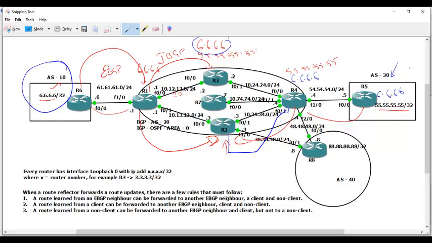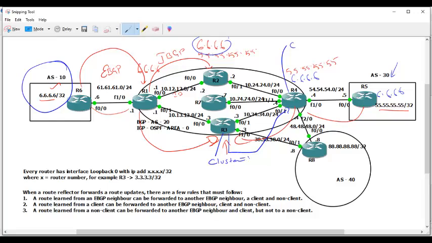All right, what is next? Now, who is a client here? R4. Who is the server? R3. Server, we don't call it a server here, we call it a cluster. The router ID of router 3 will be called the cluster ID.